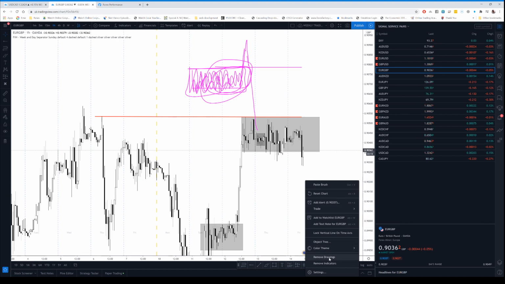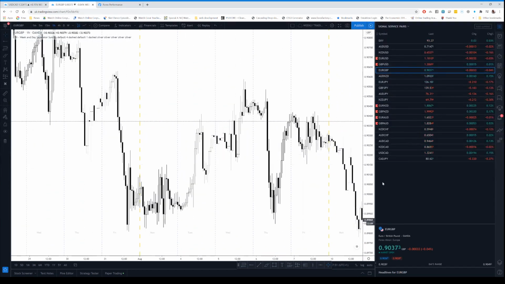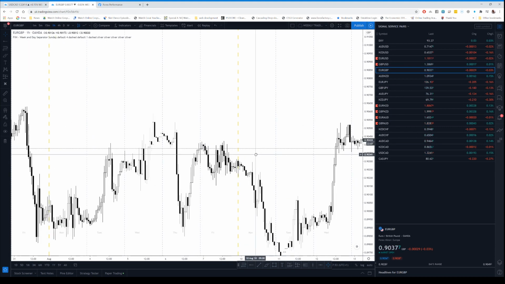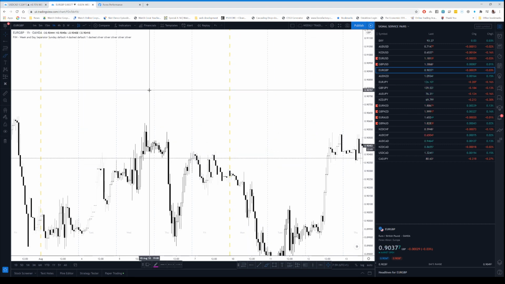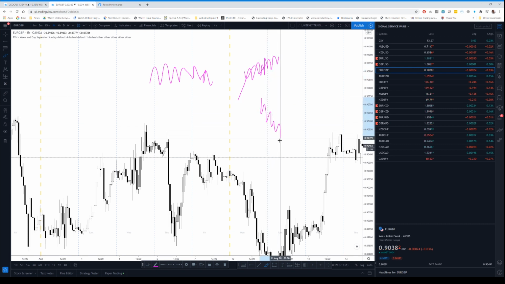So I'll give you a couple of examples. You see how they do this, and the consolidation is not always going to be perfect like this. Sometimes it could be something like this, something like this, or something like that.